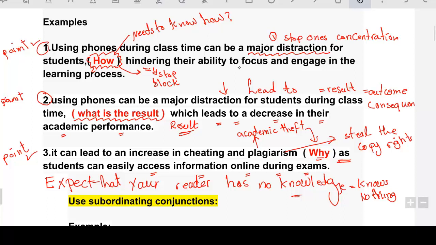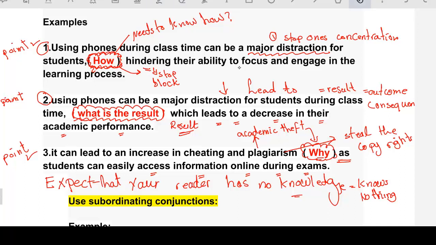Now, I need you to write 3 sentences. One of them is developed by answering the question how. The second one is an answer to the question what is the result of that point, or gives a reason for a point. Here are 3 examples on the screen.